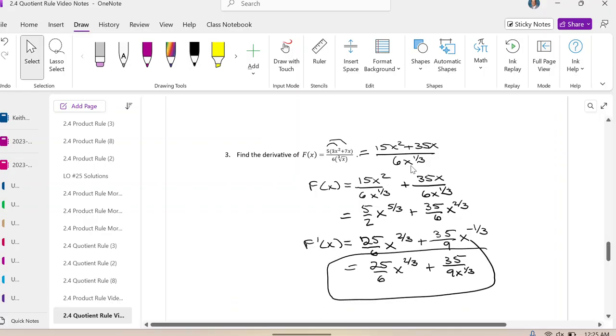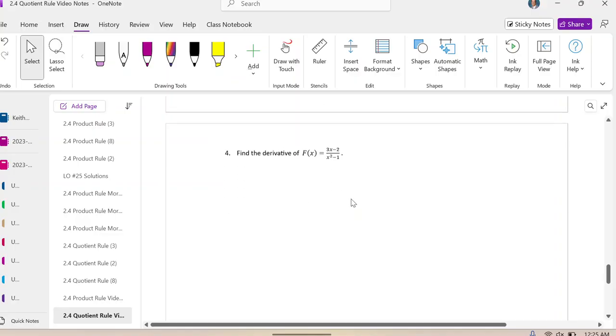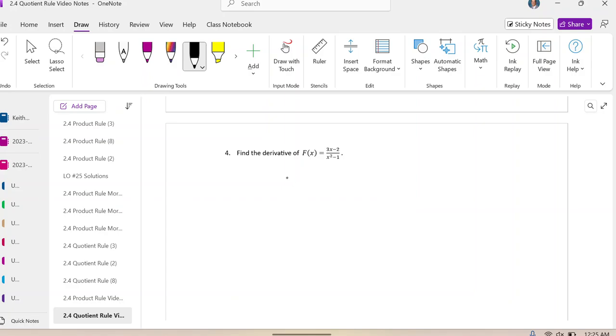All right, let's look at the next one. This one you actually have to do the quotient rule because it's not a single term denominator. So the numerator is 3x minus 2. The denominator is x squared minus 1. The derivative of the numerator is 3. The derivative of the denominator is 2x.